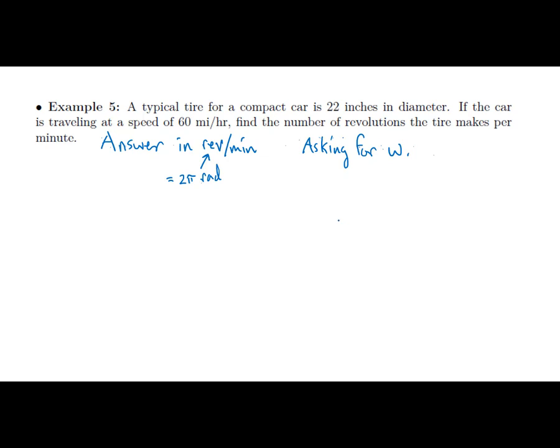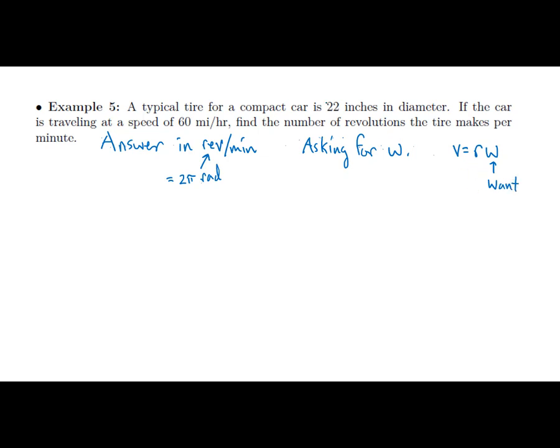We worked with radians per minute or radians per any unit of time in our previous example, but this is also angular velocity, just expressed in different units. So that's what we're shooting for here. We know from the previous slide that linear velocity is equal to r times angular velocity. So this is what we want.